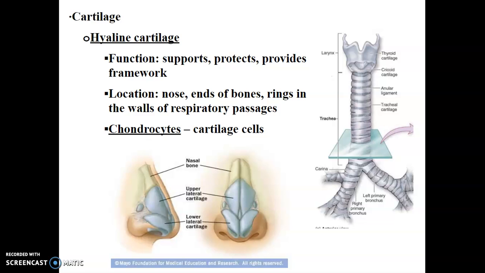This cartilage is a little thicker, a little dense. Cartilage cells are called chondrocytes. Chondrocytes. You might be picking up onto this suffix, cytes, like adipocytes or chondrocytes. It means cells. Anytime that you see cytes at the end of a word, you can already equate this is a type of cell. Okay, chondrocytes are cartilage cells.